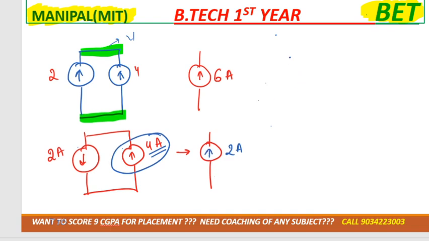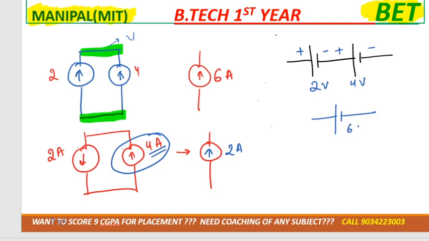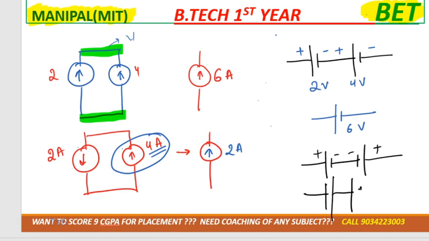Another thing related to the voltage source: if two voltage sources are connected in series, positive to negative, then 2 volt plus 4 volt, you can write it as 6 volt. But if two batteries are connected in opposition, like positive-negative, positive, or negative-positive and positive-negative, so that the signs facing each other are the same, it means the batteries are connected opposite.